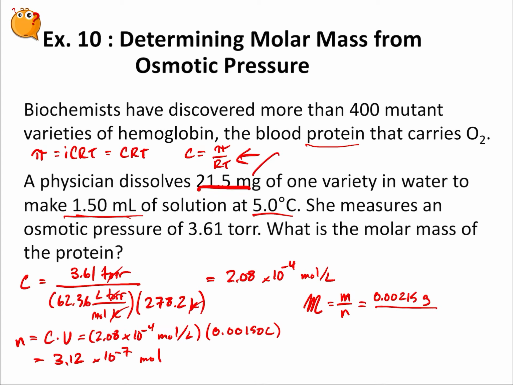This is the number here in milligrams converted to grams, divided by 3.12 times 10 to the minus 7 moles. And that gives us a value of 6.89 times 10 to the plus 4 grams per mole. And that's quite heavy, but that's typical of proteins. Proteins are quite large molecules. So this makes total sense for us, which is great.